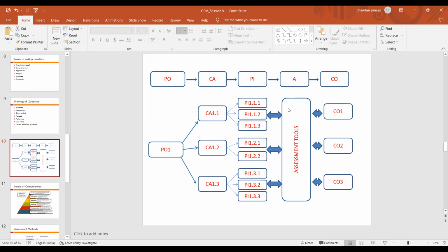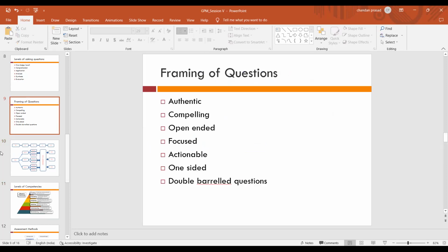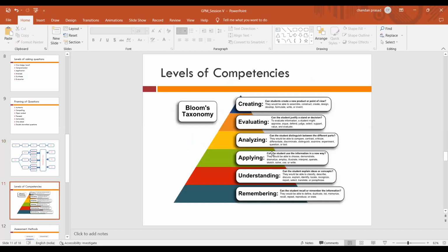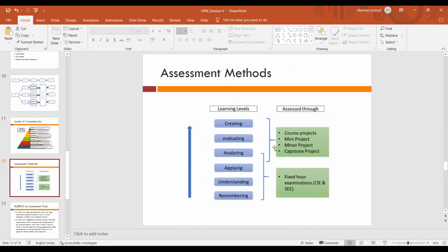Here we are using assessment tools to evaluate whether the course outcome has been achieved or not. This is very important for designing any question. That's why I told you to have your subject syllabus, with POs, COs, and competencies, so you can frame questions.